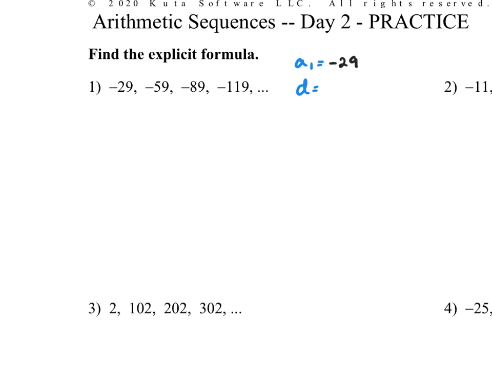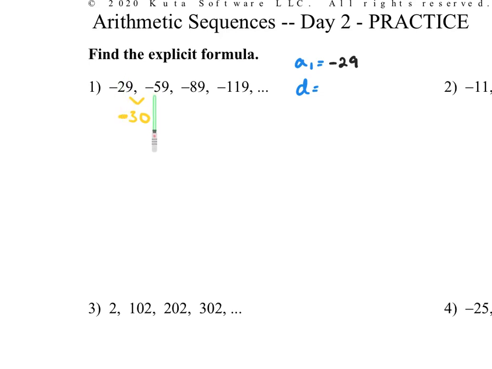Now, the next thing is we have to find our common difference. To go from the first term to the second term, you had to do what? Subtract 30. Now, some of us might not have noticed that at first. Let me tell you how you can find your common difference if you don't notice it. Here's what you do: you go your second term minus the first term.